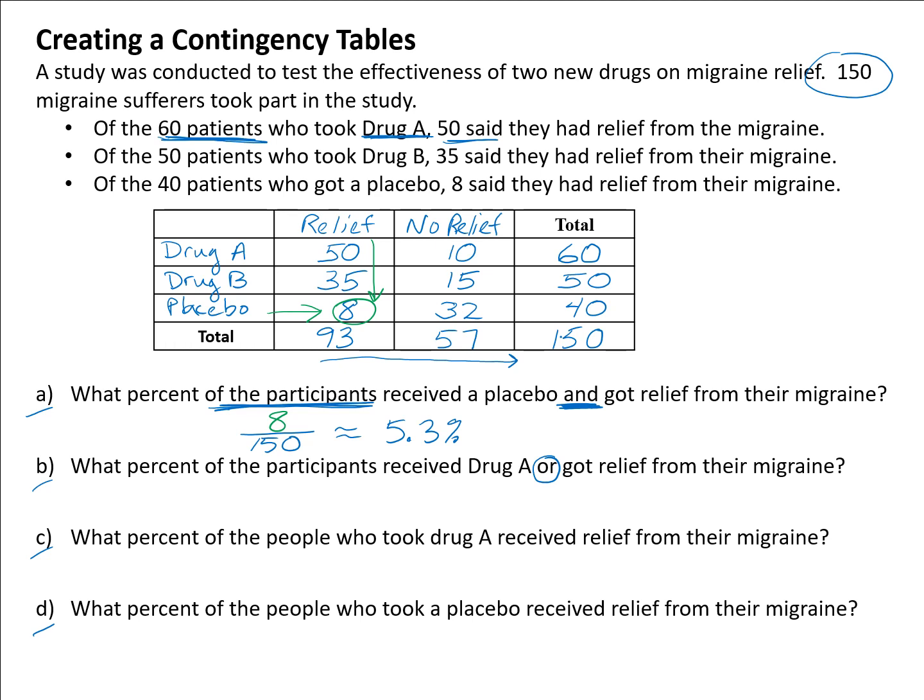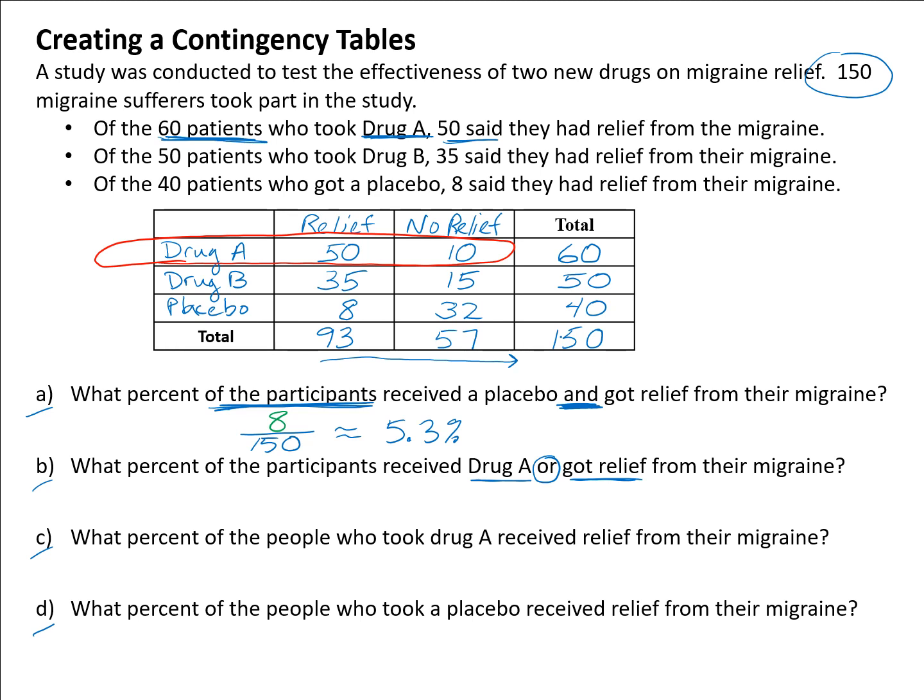Part B, what percent of the participants received drug A or got relief from their migraine? Or means looking at all of both. So all of the people who received drug A as well as all of the people who got relief. Now we want to be careful when we look at all that we do not include any overlap. So drug A would be 50 people and 10 people, so that's 60 people altogether.